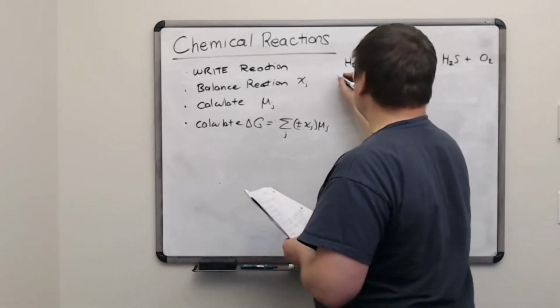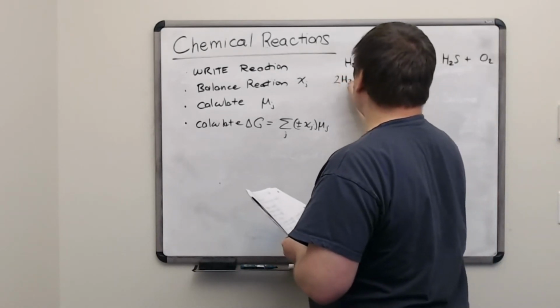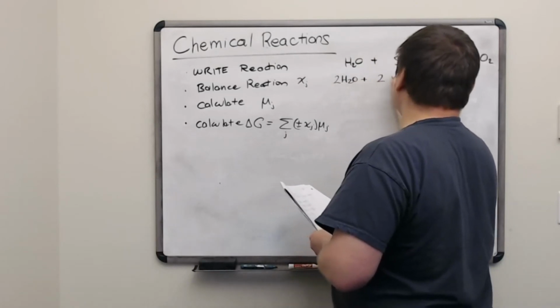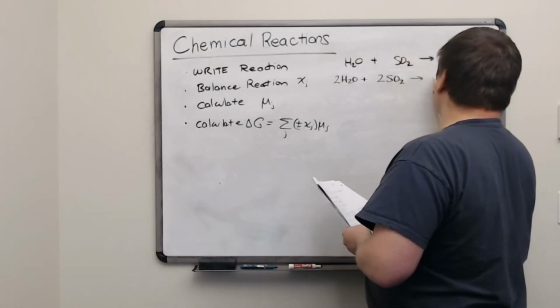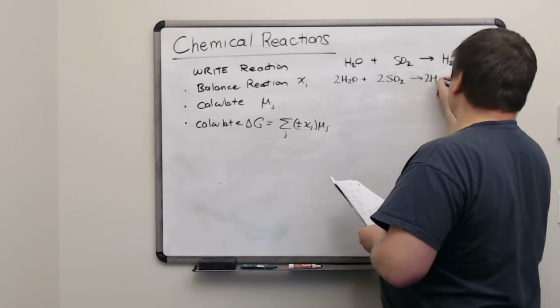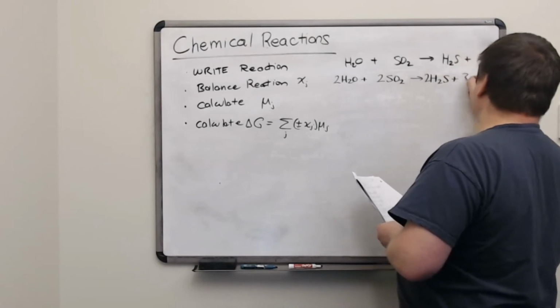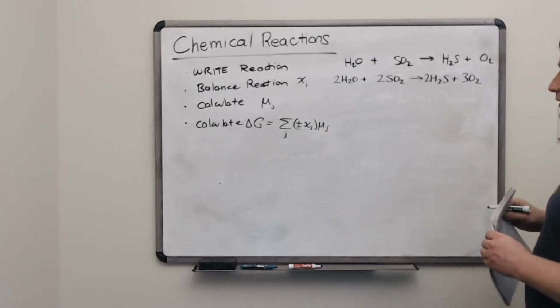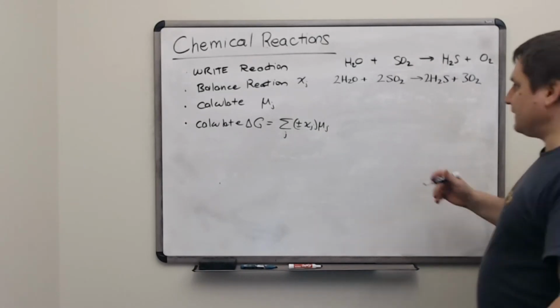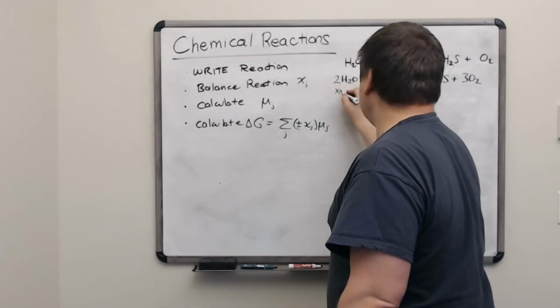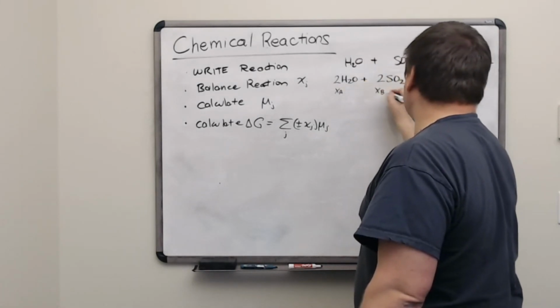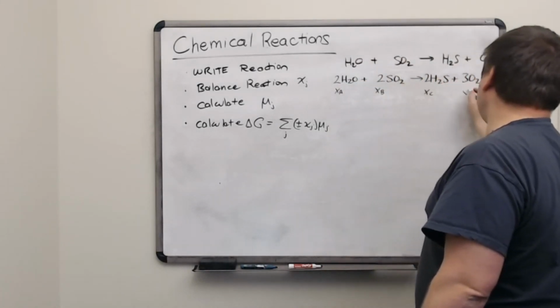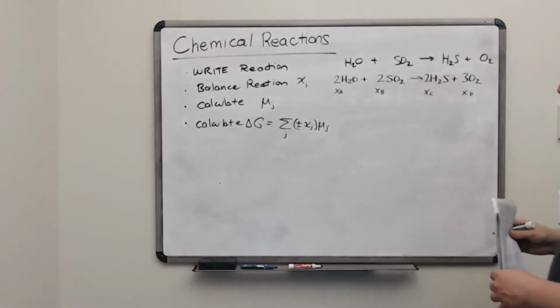Then we balance it. So we had a 2 here. We had a 2 there. We had a 2 here. And a 3 in front of the O2. Okay, so this is our XA, our XB, our XC, and our XD.